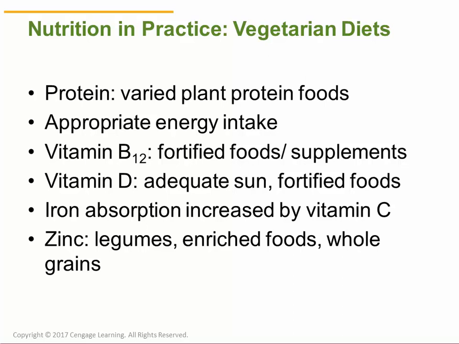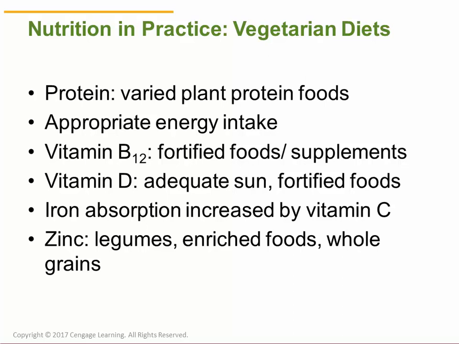Then you have an ovo-vegetarian, which means they're a vegan, but they do consume eggs. And then you have a lacto-vegetarian, who is a vegan but does consume what? Milk. And then you have a lacto-ovo-vegetarian, which means they consume both your milk and your eggs as well. Remember, the milk includes your cheeses also.